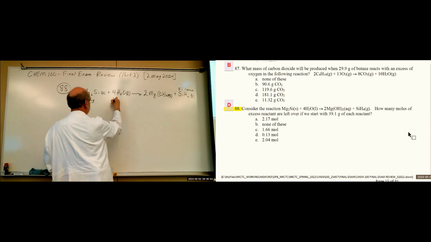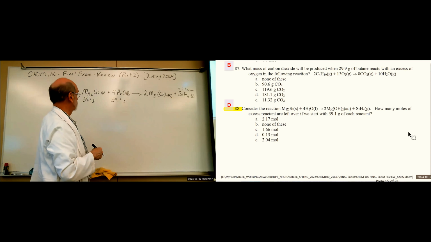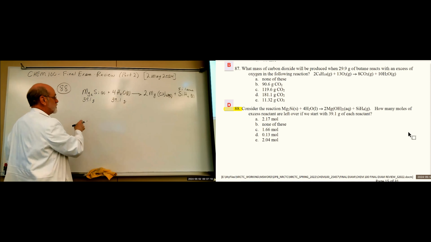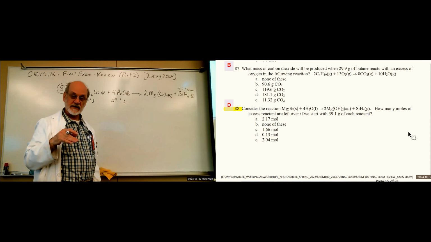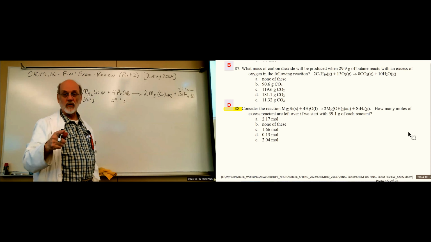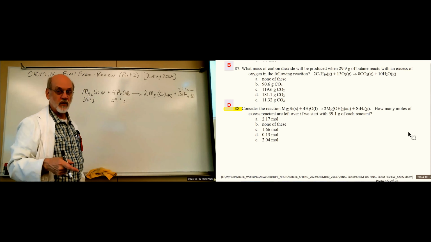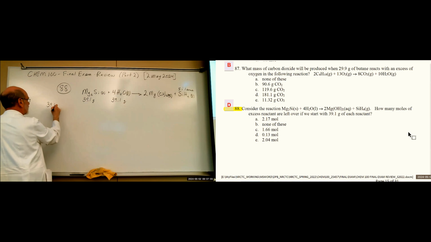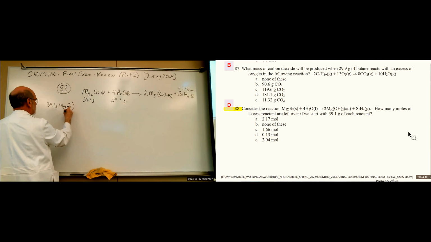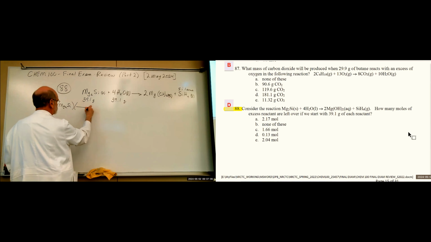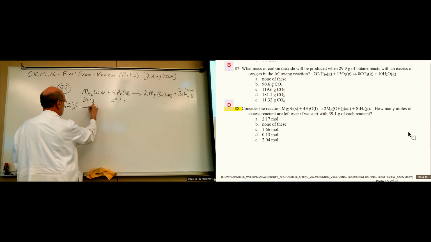But there will be some left over for the excess. In order to determine which one is excess and which one is limiting, we have to know moles. There's no way around it. So we've got to convert this one to moles. Right? We need grams here, moles there.